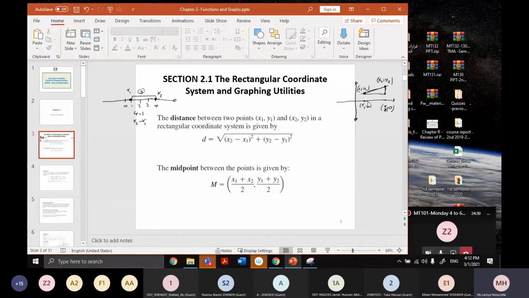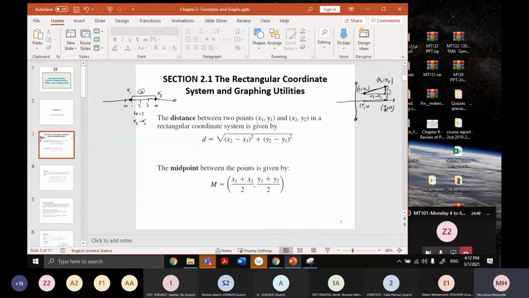Okay, it is the same as this distance from here to here, correct? It is x2 minus x1, and this one here, what is it? It is this height minus this height, correct?